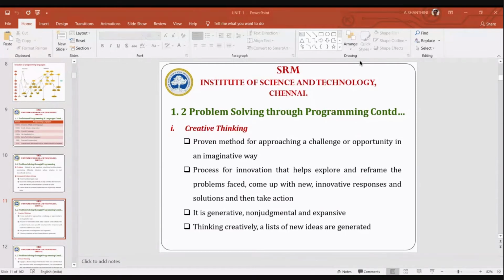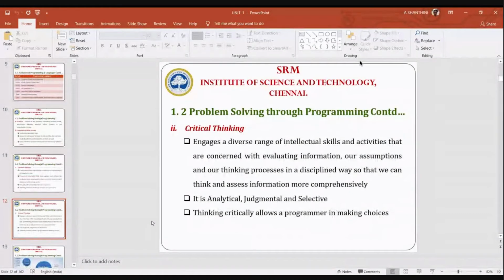Next is critical thinking. Tomorrow's class we will see some small active exercises related to creative and critical thinking. Now I will be sticking to the session on both creative and critical thinking and things related to it. So next, coming to critical thinking.